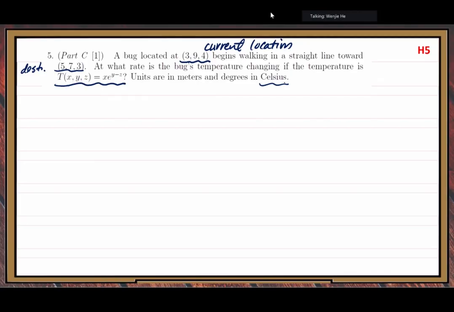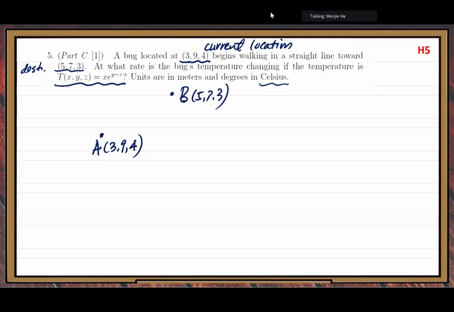Let me give you step by step the solution. First, starting point A, 394. Endpoint B, 573. Right?